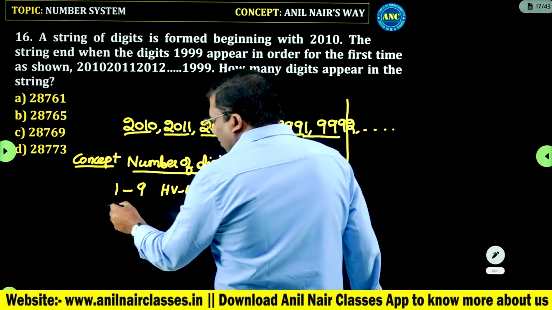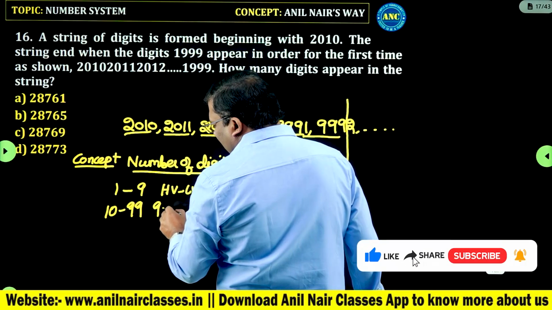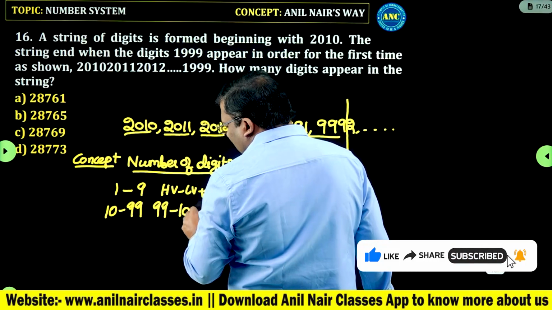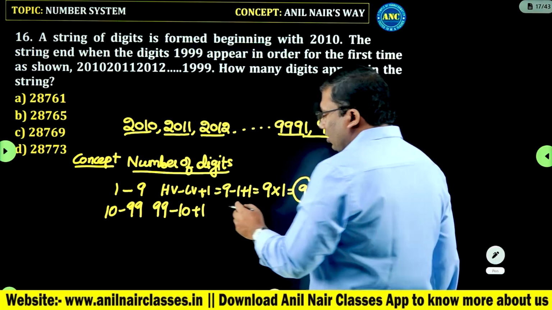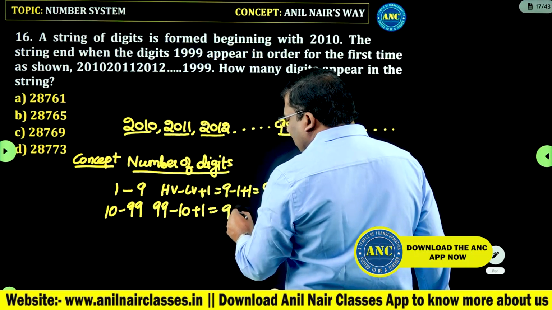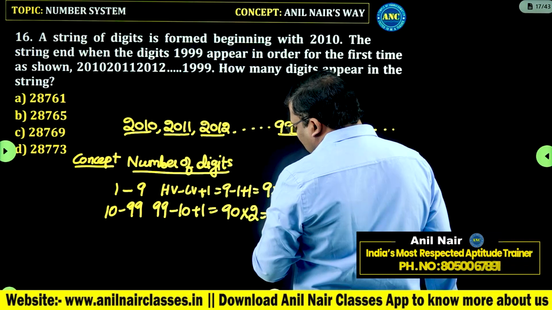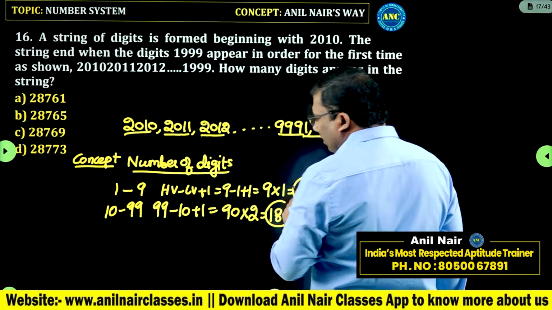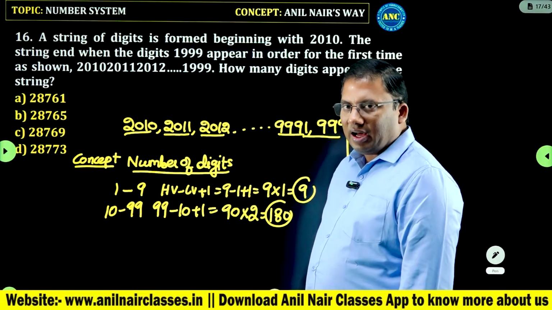Suppose from 10 to 99: highest is 99, lowest is 10, plus 1. 99 minus 10 plus 1. Totally 90 numbers are there. Every number has how many digits? 2 digits. 90 into 2 is 180. Are you all with me?